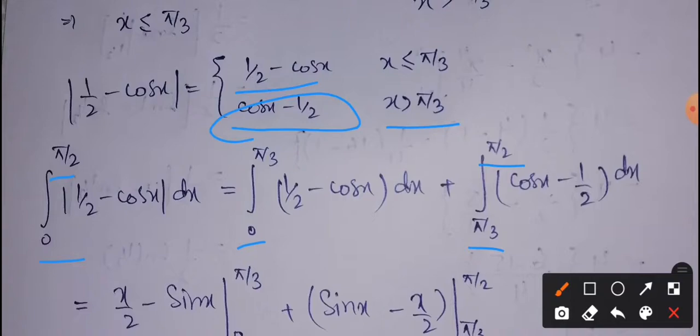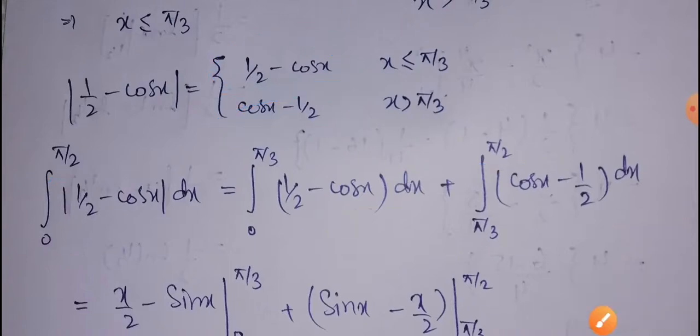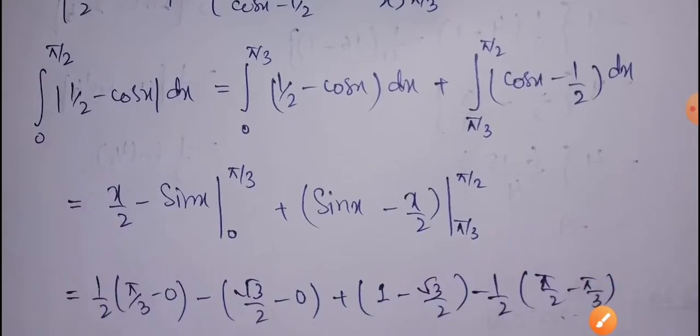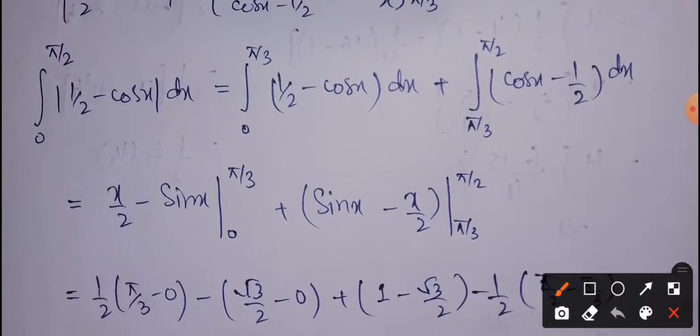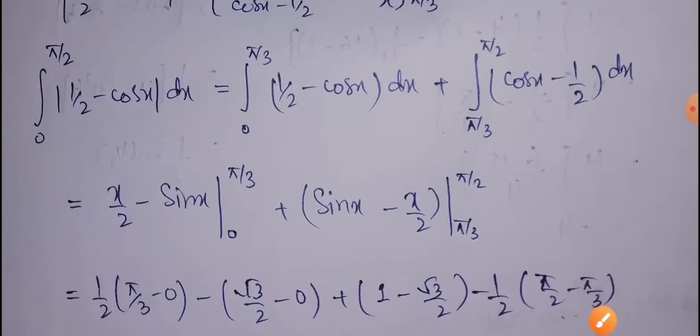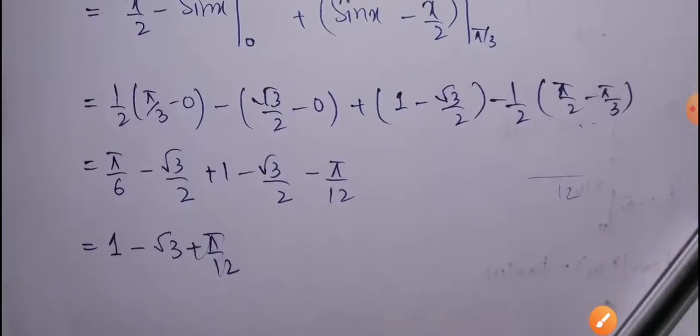For 0 to pi by 3, that is less than 60 degrees, we are having 1 by 2 minus cos x, and for greater than pi by 3 we are having cos x minus 1 by 2. So integrating it, as we know that the integral of 1 by 2 will be equal to x by 2, and the integral of cos x will be equal to sin x, and then putting upper limit minus lower limit and simplifying, we get the answer 1 minus the square root of 3 plus pi by 12.